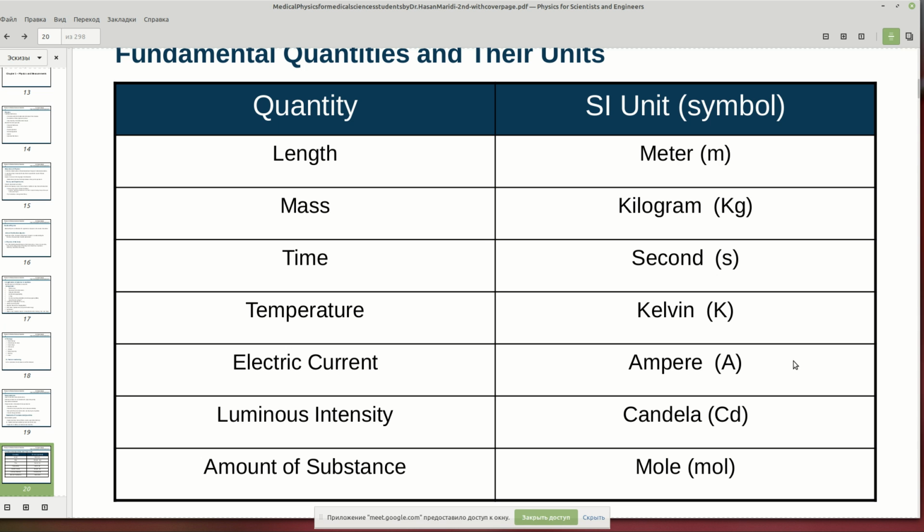Temperature is Kelvin, K. Yes, remember that scale that we have, 273 degrees plus, to receive this.